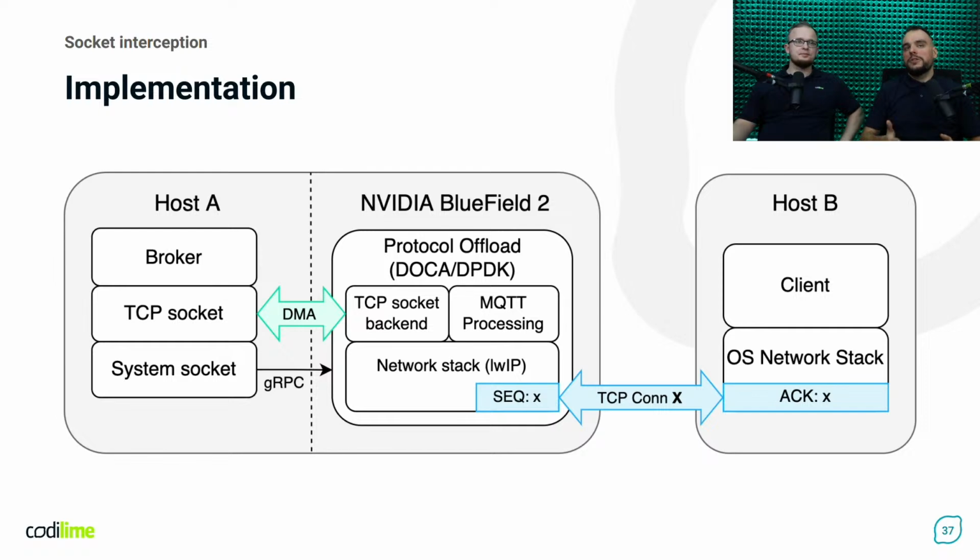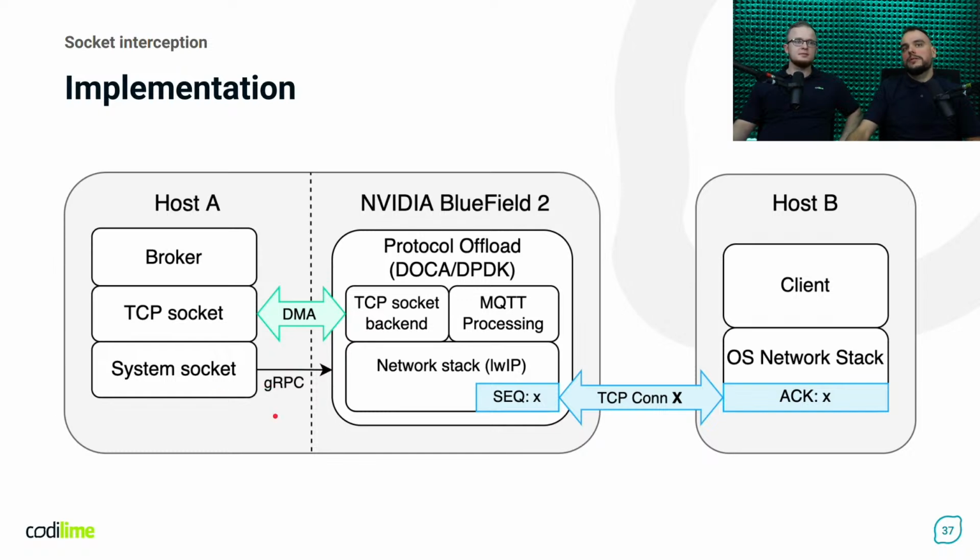So we have created a shim library that intercepts glibc calls to socket. Basically the broker uses the glibc interface, then our shim intercepts this call and decides. Sometimes the call is still forwarded to system sockets, which are provided by glibc underneath.